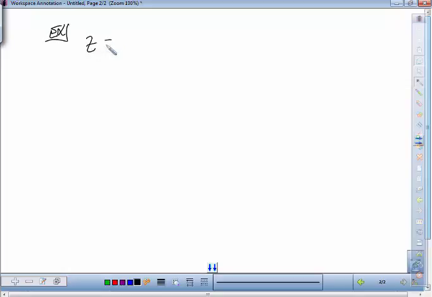So let's take a look. z is equal to, I'll keep it simple, x² over 4 plus y² over 9. Let's just take a look at what this is supposed to look like.